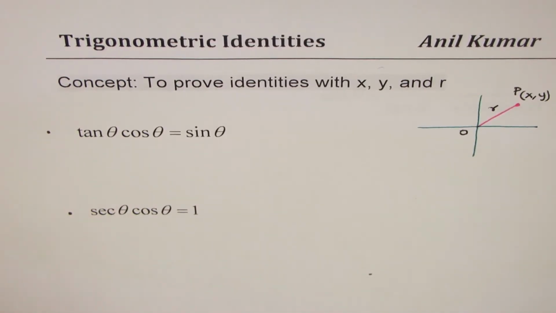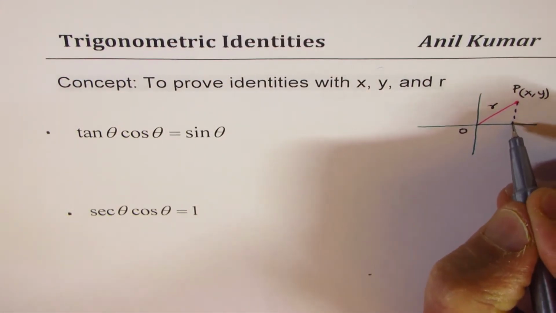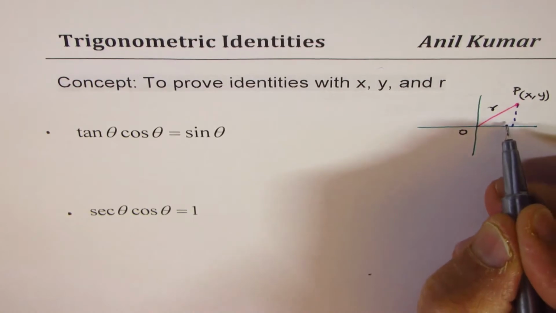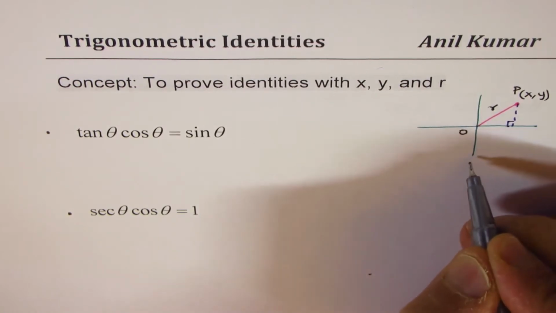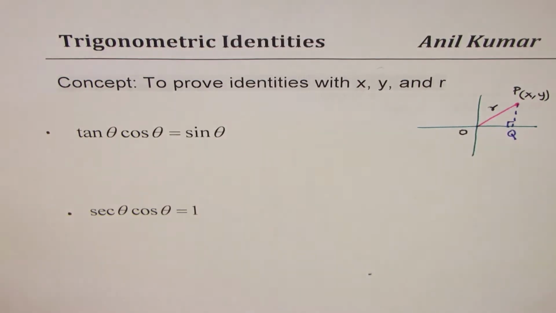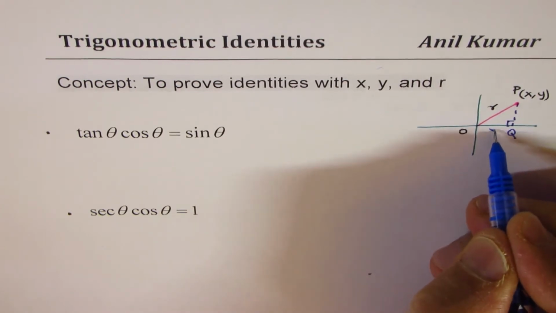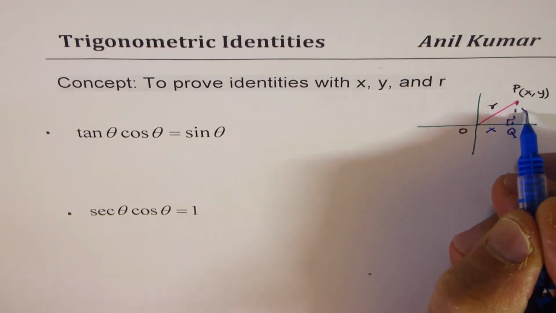If I drop a perpendicular from P to the x-axis, we make a right triangle here. Let me call this point Q. Now, the distance OQ will be x and PQ will be y.